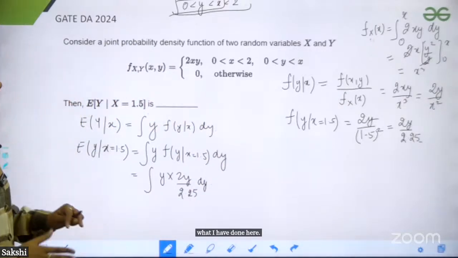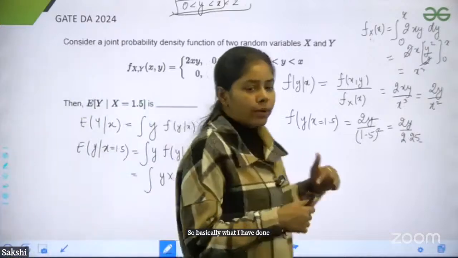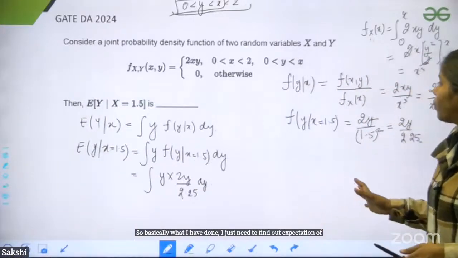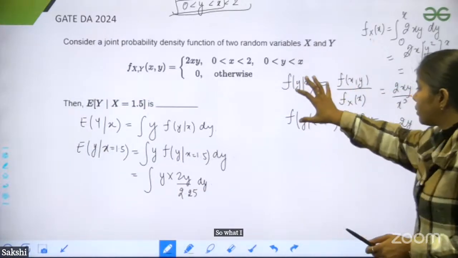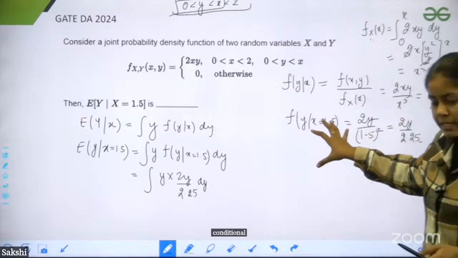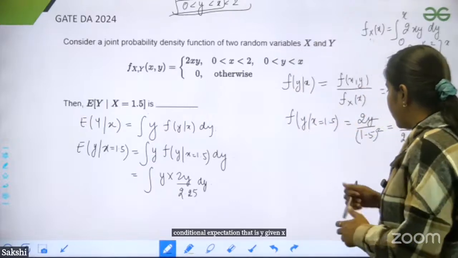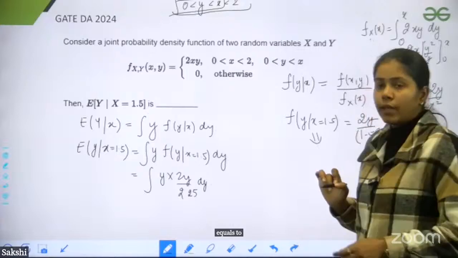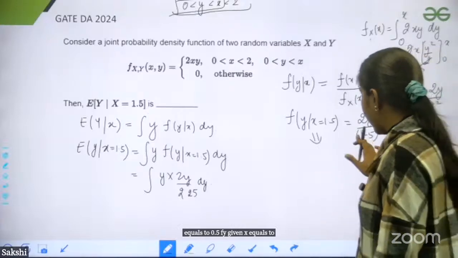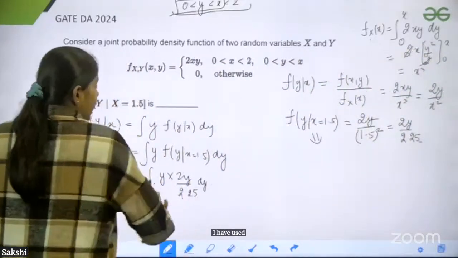Basically, I just need to find the expectation of y given x. So I have found the conditional expectation, that is fy given x equals 0.5. I have used that here, and now I have to take a limit.